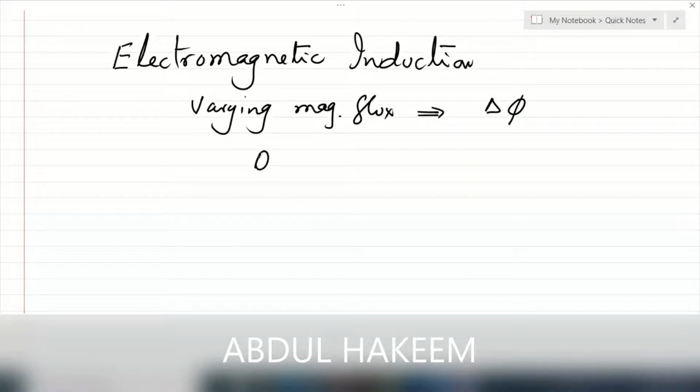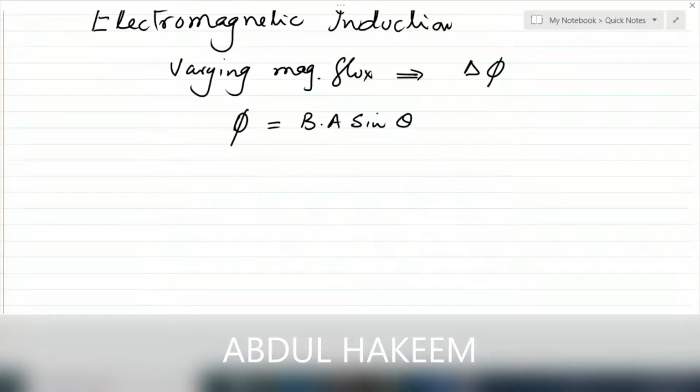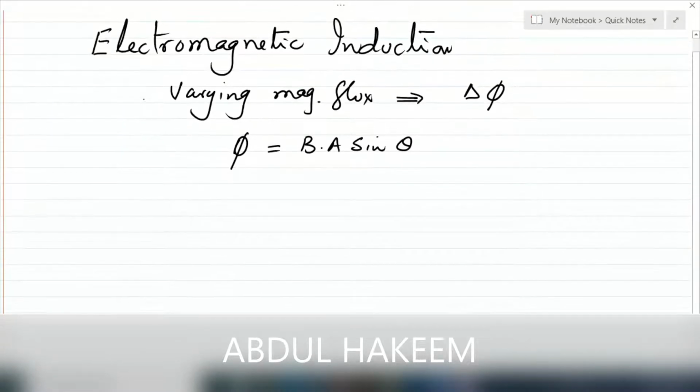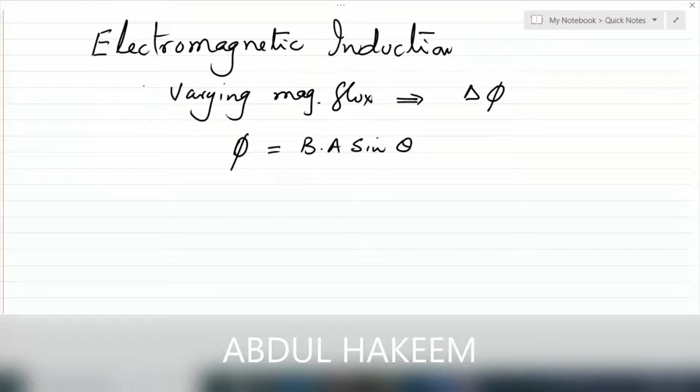And phi is equal to BA sine theta. But this varying magnetic flux must be cut by any conductor like wire or coil, and that is called flux linkage.